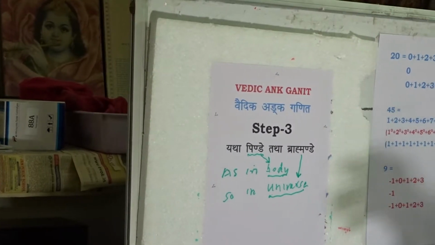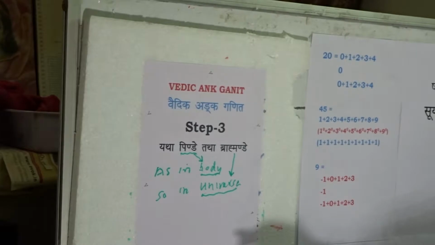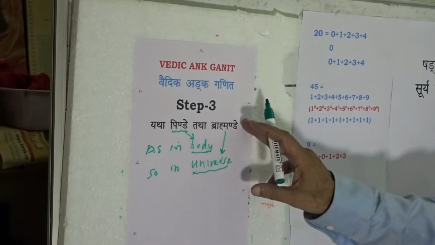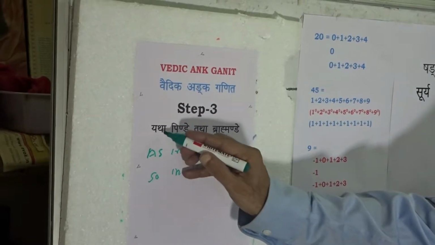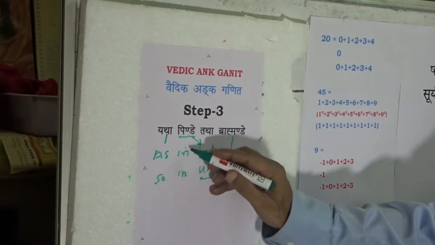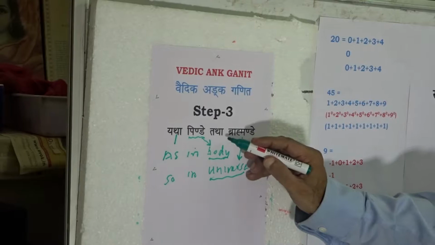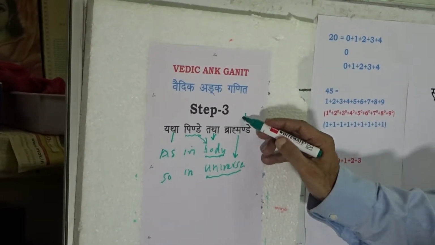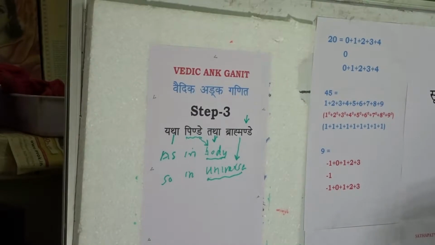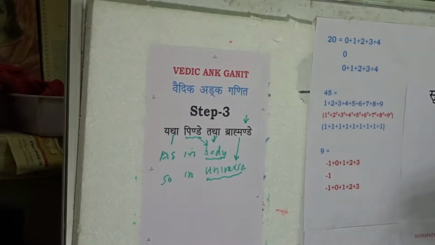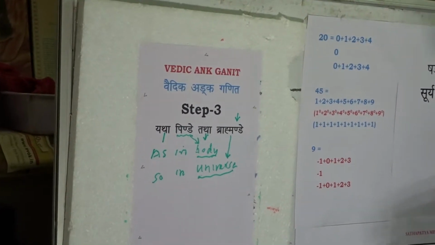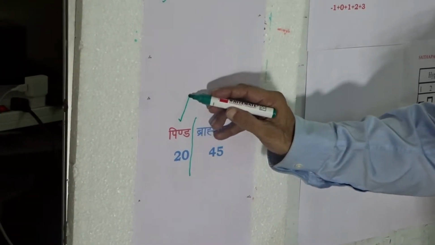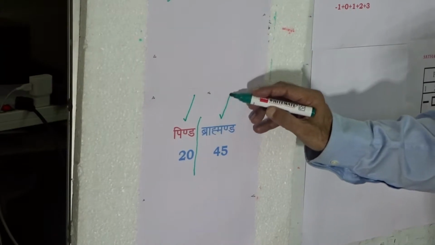Simple English rendering of Yatha Pinde Tatha Brahmande is as Yatha in Pinde body, so likewise in the universe. There are a pair of formulations. First formulation is Pind and second formulation is Brahmand.